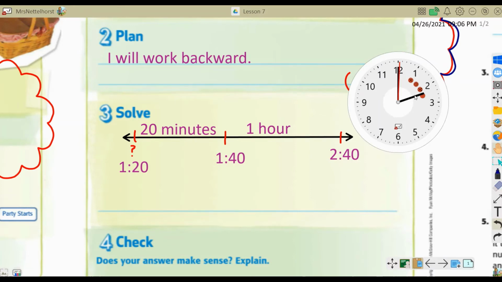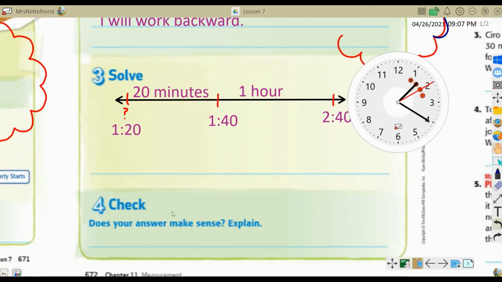Now I have to move my hand back. 45, 50, 55, 60, 65, 70, 75, 80. I ended at 1:20. So that is correct.